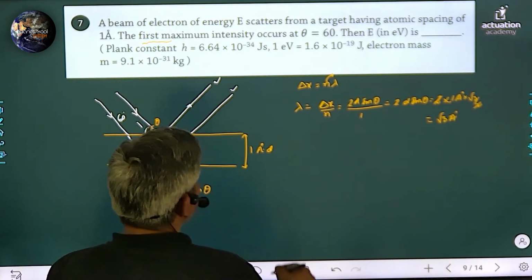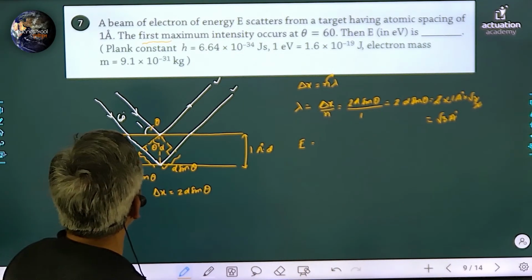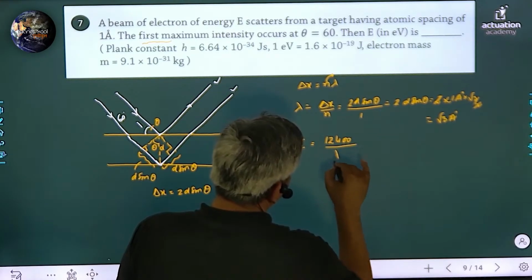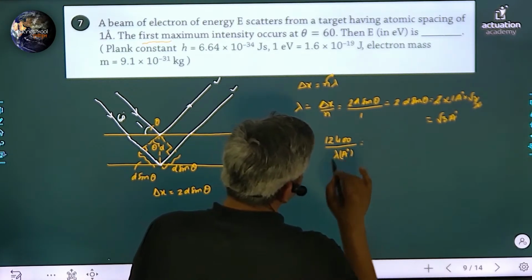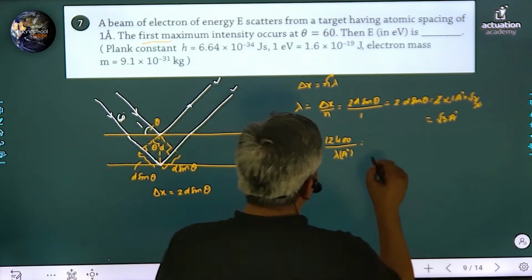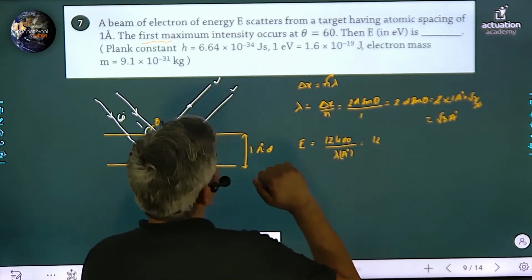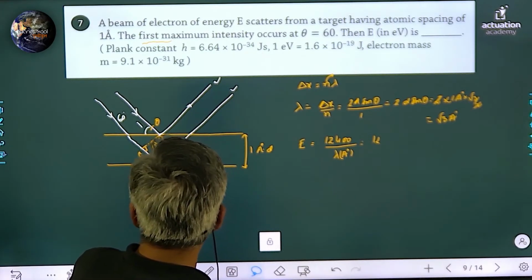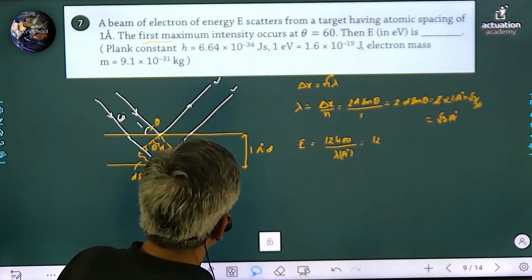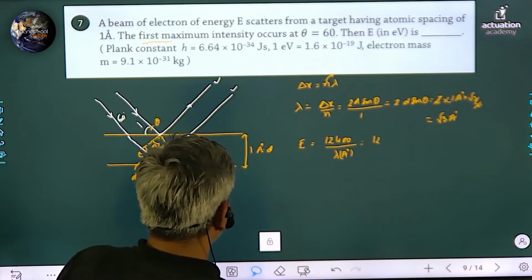Now E can be written as 12,400 divided by lambda in angstrom, and this is in eV.